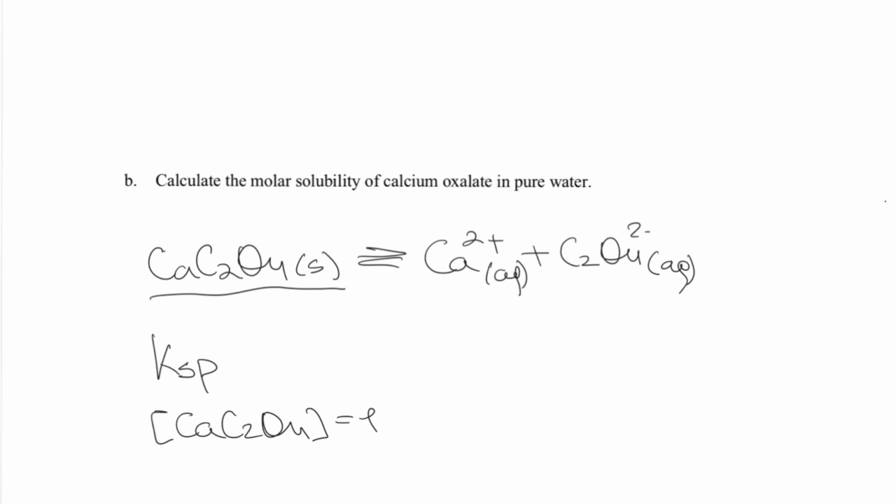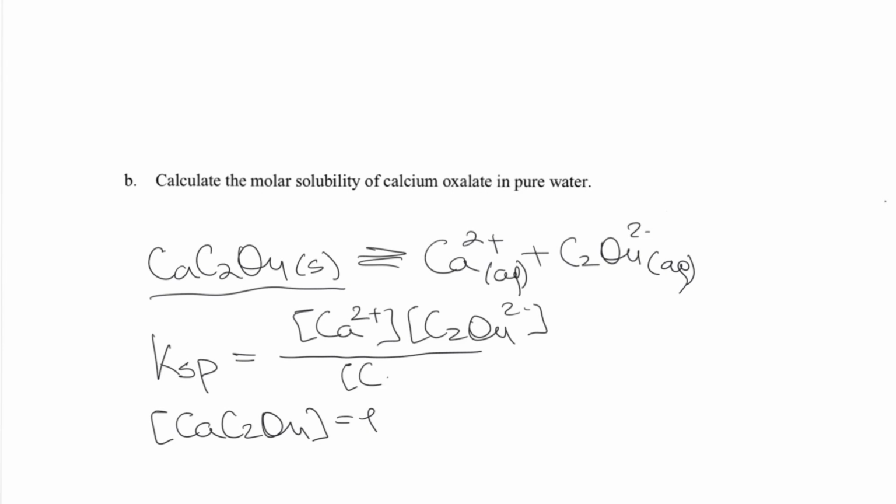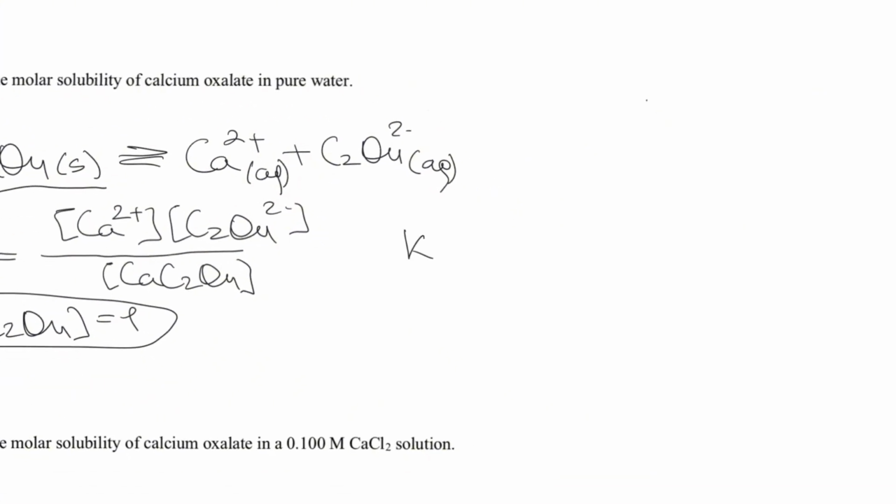So the actual equilibrium constant looks like this: calcium 2+ times oxalate ion over the concentration of calcium oxalate. But since the activity of calcium oxalate is equal to 1, Ksp is just equal to the concentration of calcium 2+ ions multiplied by the concentration of oxalate ions.